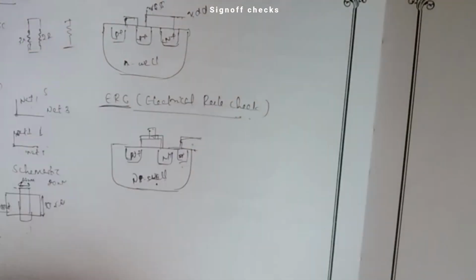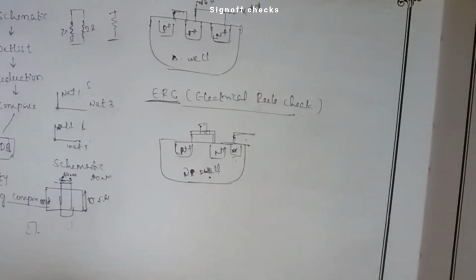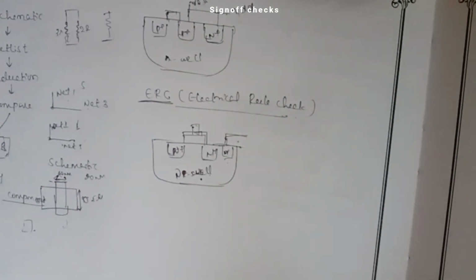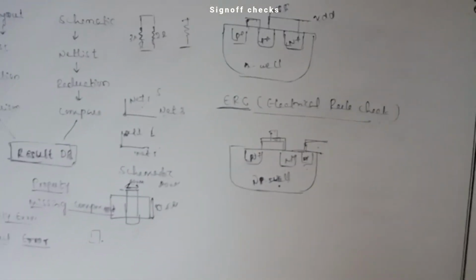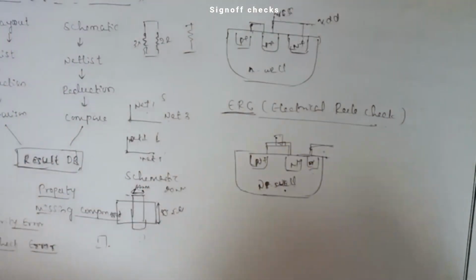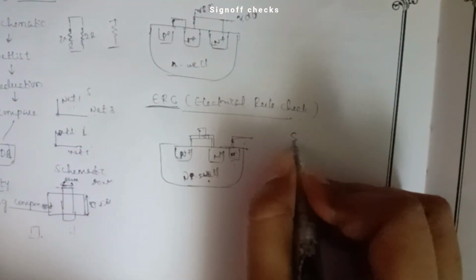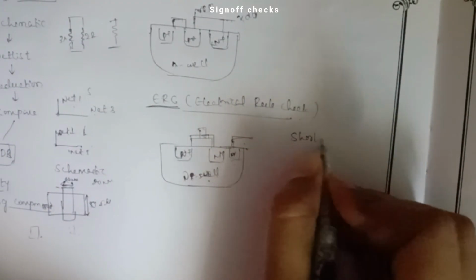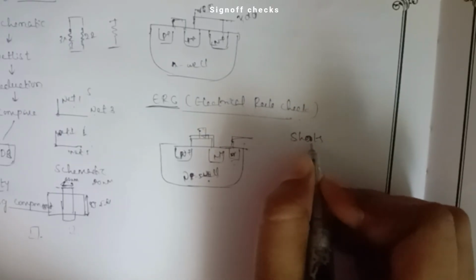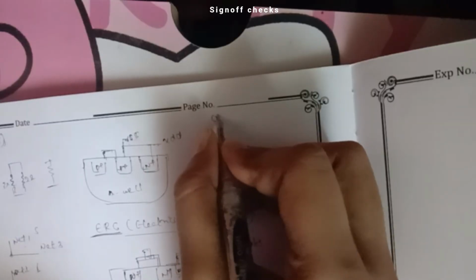We will see now what is the order of fixing, how we can fix these things. First of all, we should fix shorts. It is not mandatory, but we should fix in this order.